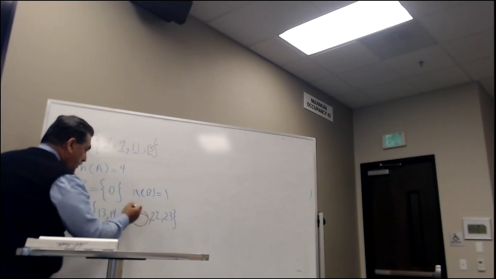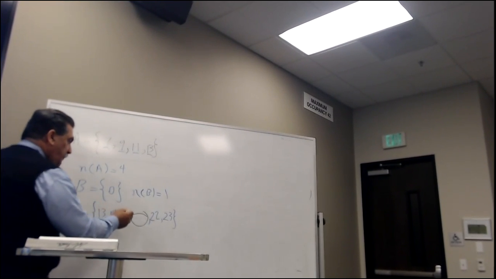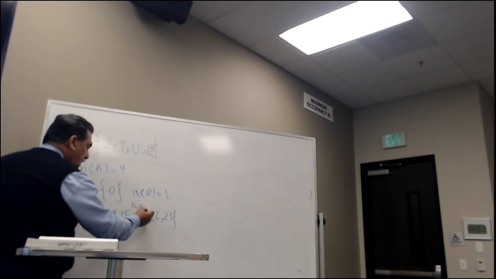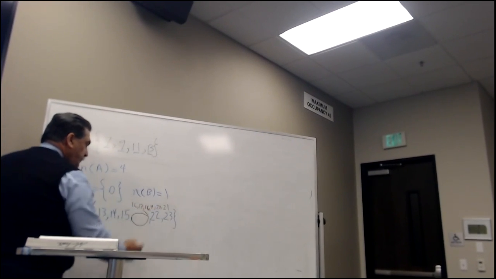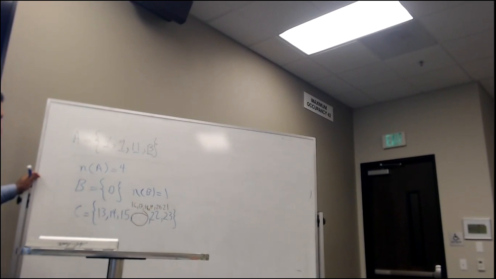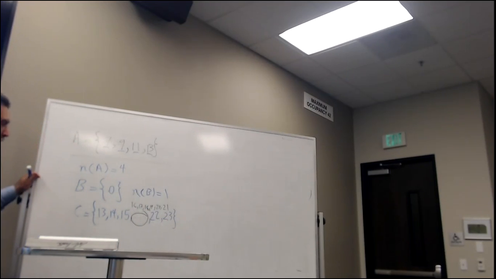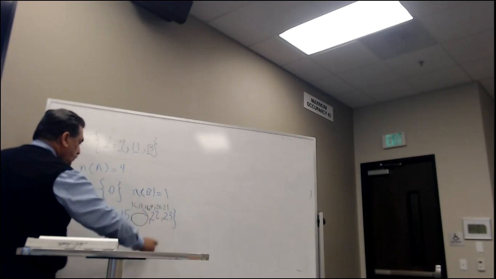It continues between 15 and 23, which includes the numbers 16, 17, 18, 19, 20, and 21. It means inclusive. So what's the cardinal number for this set? 11, because it starts with 13 and goes to 23.